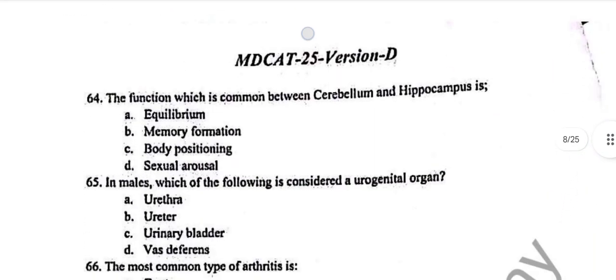Question number 64 from MDCAT 2025 Version D. This test was conducted by SIBA Testing Services for the Sindh province MBBS and BDS admissions.